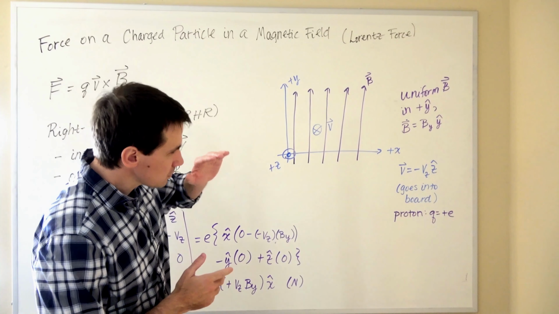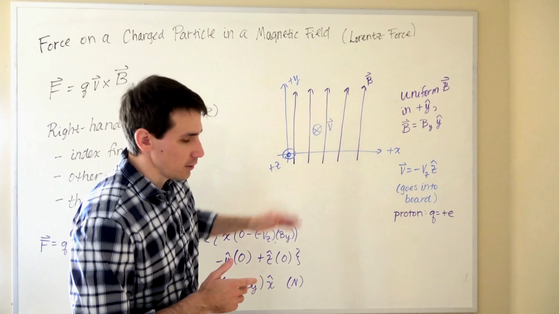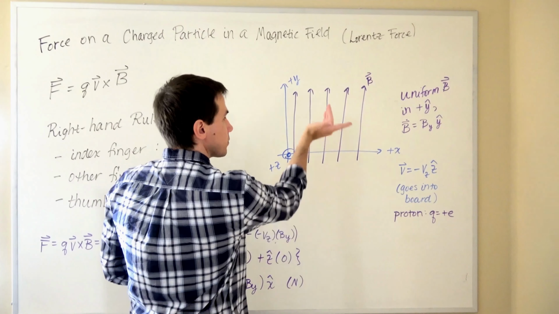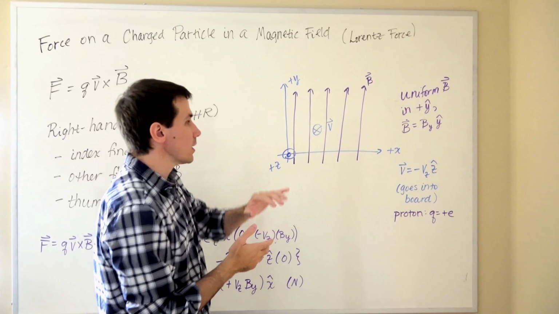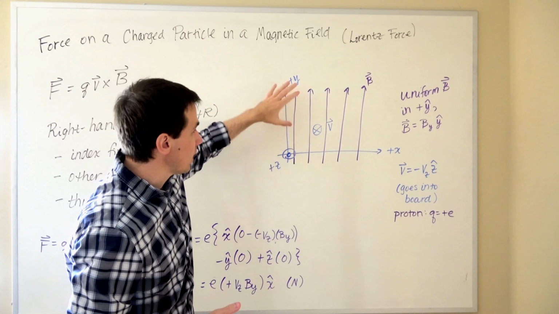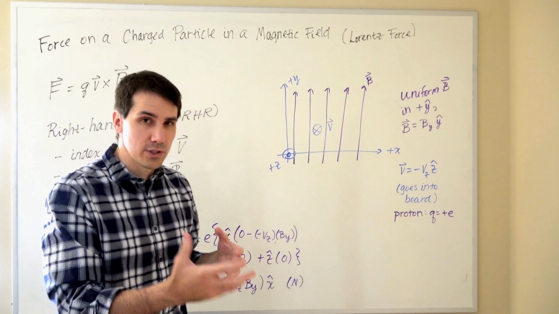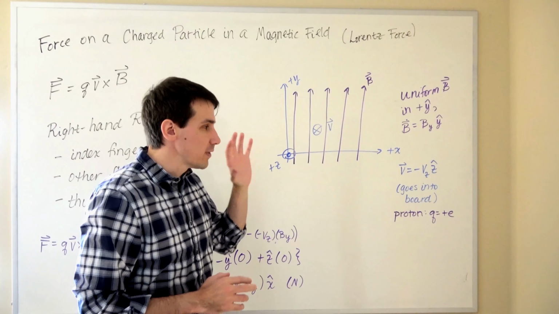Okay, so we want x cross y to equal z. We can simply right-hand rule it. X cross y equals z. Our resultant vector of x cross y does in fact point out of the board, and this is a right-handed coordinate system. So we can do the cross product using the right-hand rule in this coordinate system and find the correct answers.